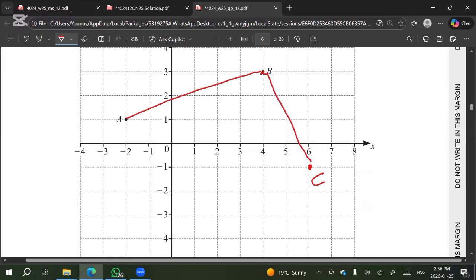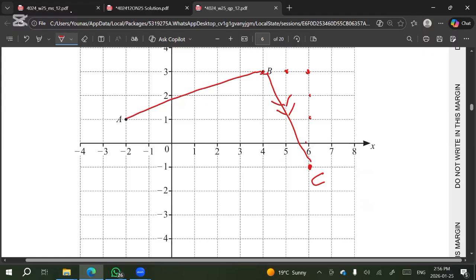Whatever you have done to go from B to C, the same you will do for going from A to D, because the opposite sides in a parallelogram are parallel to each other. So for going from B to C, you went 2 steps to the right, and then you went 1, 2, 3, 4 steps down.